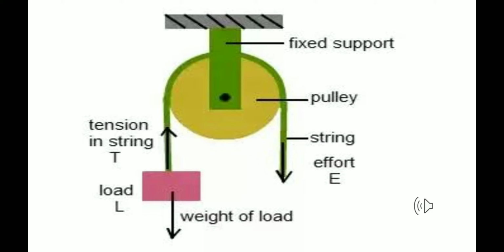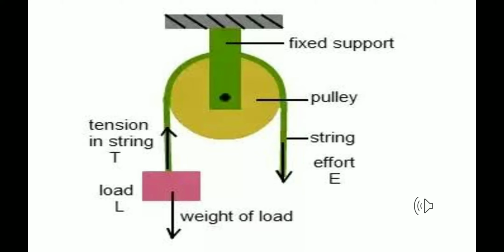Now, coming on to the pulleys, we have the first kind of pulley as a single fixed pulley, where we have only one pulley, only one groove, and that too it is fixed. Now in the diagram you can see there is a rod which is holding the pulley, and there is a green part of the rod which is holding the pulley from the center.